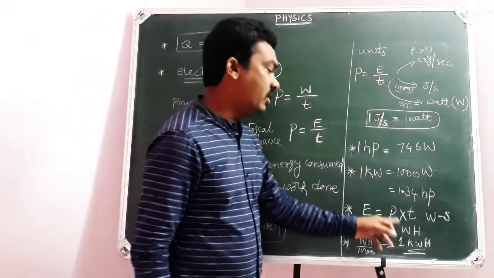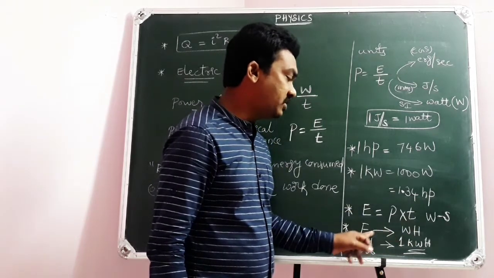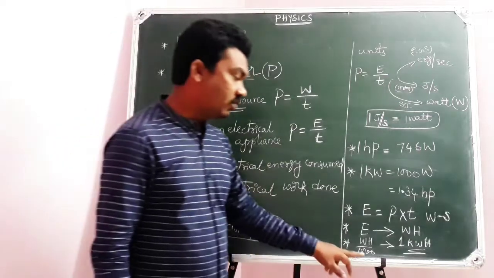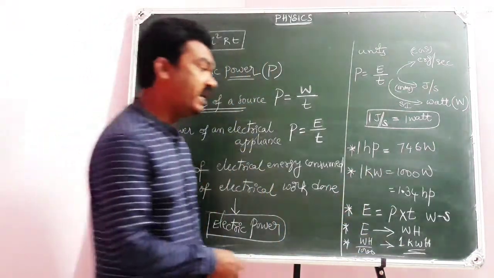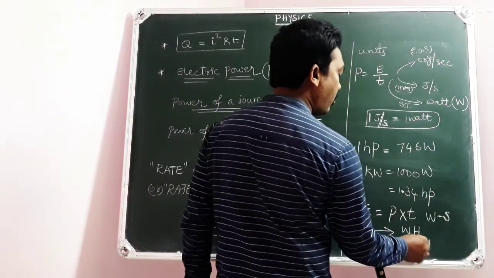Power substituted in watts, time substituted in hours, then the electrical energy unit is watt hour. If you divide it by 1000, then it will be converted into kilowatt hour, kWh. Why am I telling all these things?